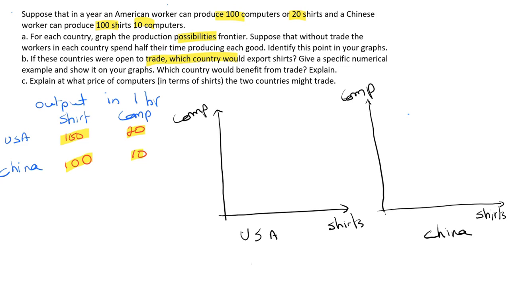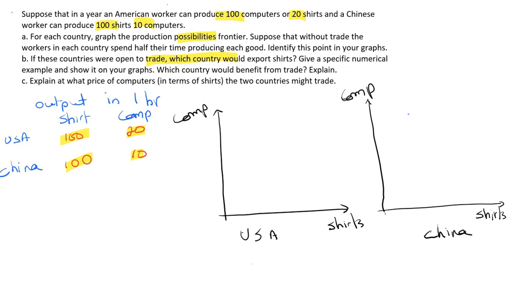So the first thing we need to do is to plot the PPF. We can assume the case of one worker, or we can scale it up to 500 workers or 100 workers. The analysis will be the same because the ratios are what matters and they do not change given how many workers you have.